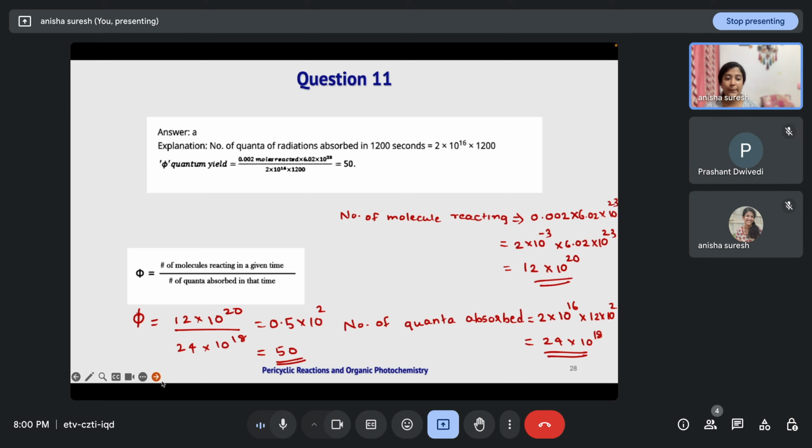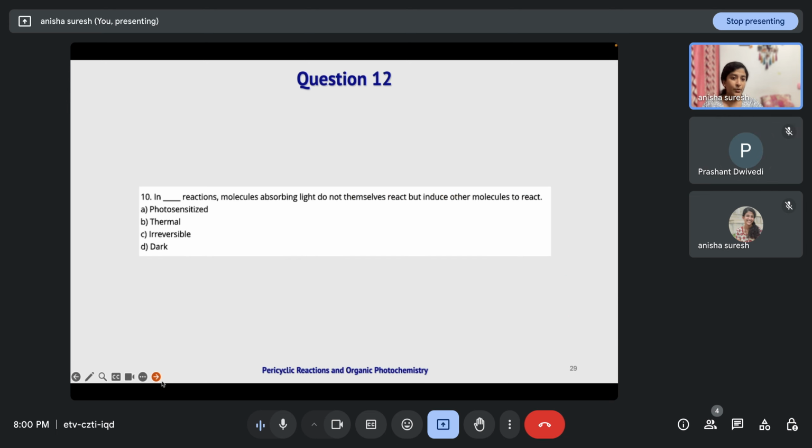Now coming to the next question. In dash reactions, molecules absorbing light do not themselves react but induce other molecules to react. Option A photosensitized, option B thermal, option C irreversible, option D dark. I think in the introduction to photochemical reactions I have discussed regarding the photosensitizers.